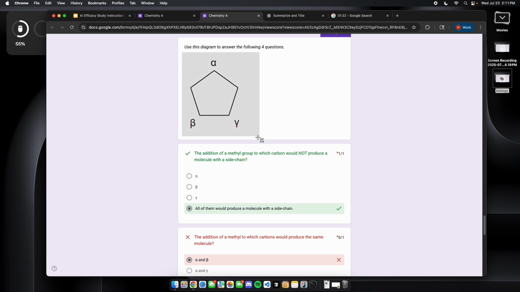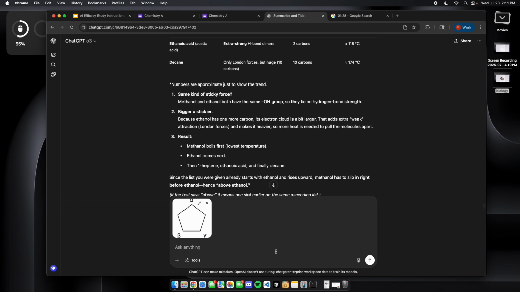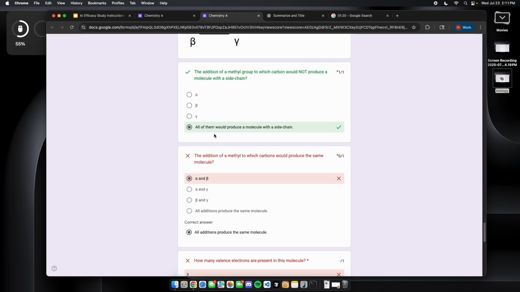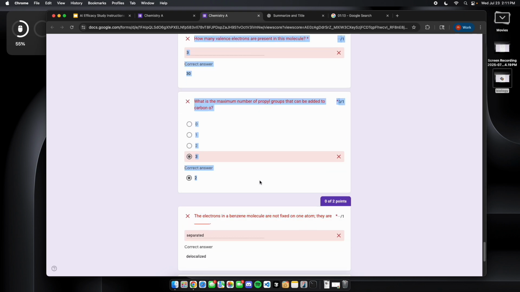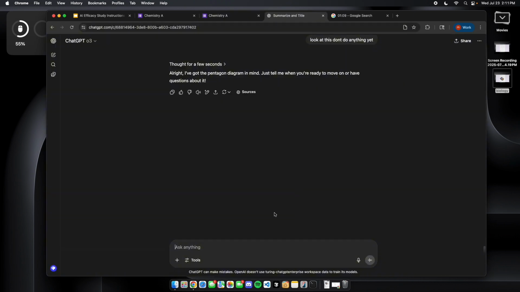Let's give this diagram to ChatGPT. Let's try having it explain multiple questions at once.